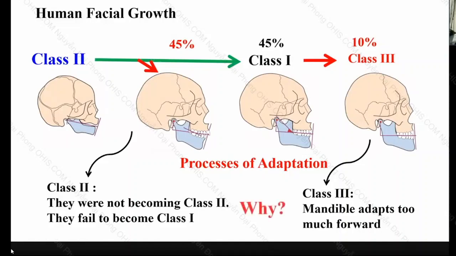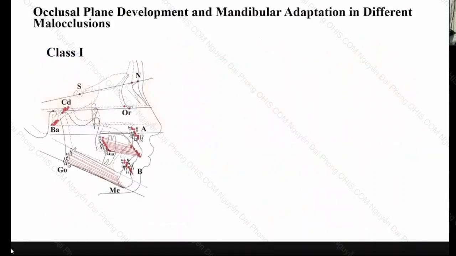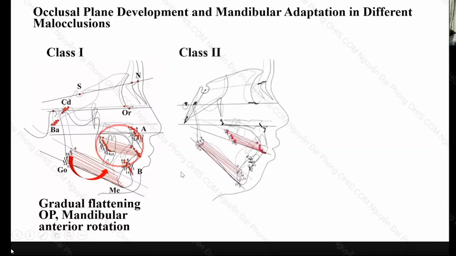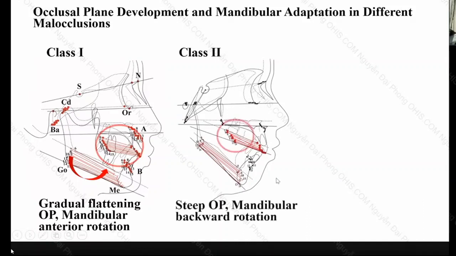Okay, then let me explain class 1. With the increased vertical dimension and a little flattening of the occlusal plane, the mandible adapts by rotation this way. This is class 1 skeletal. Class 2, this is one example: during growth, there is not so much increase in vertical dimension in the posterior part.